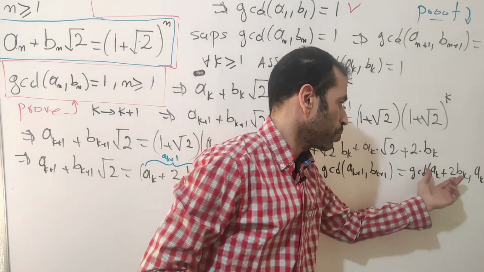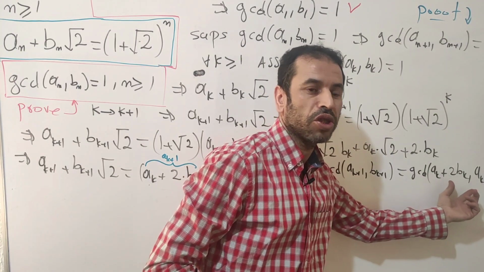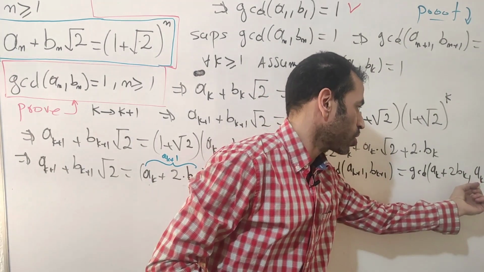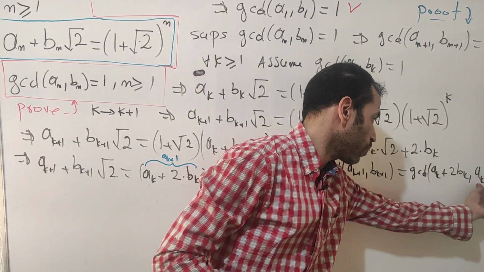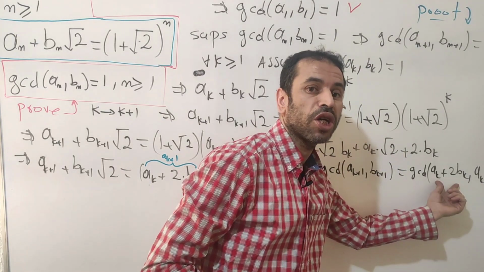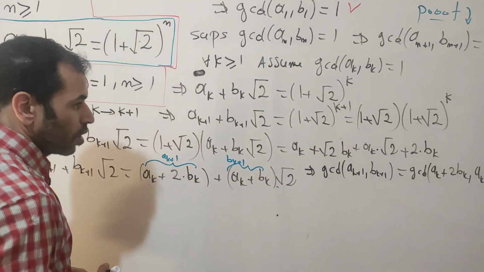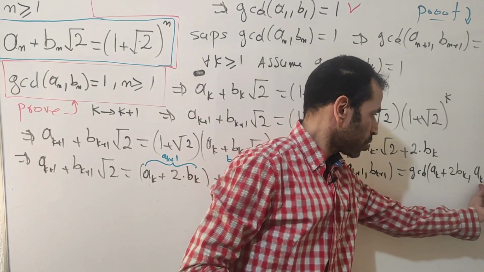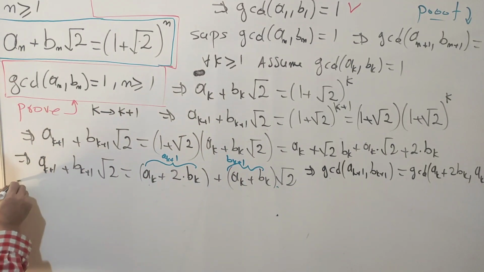Now we'll have a nice linear combination between these two terms of the GCD. If I subtract or add a multiple of this one to this one, the GCD is not going to be changed. Okay, let's do that. Let's put this one minus this one.